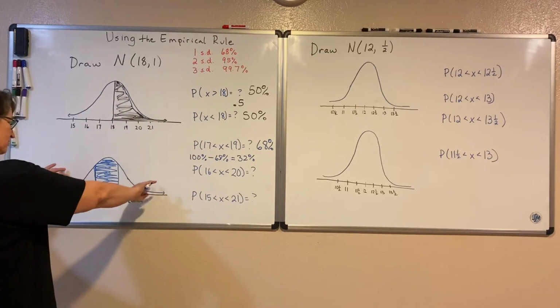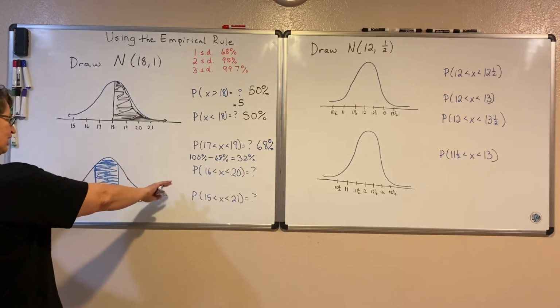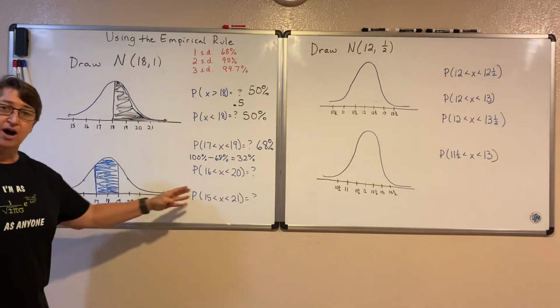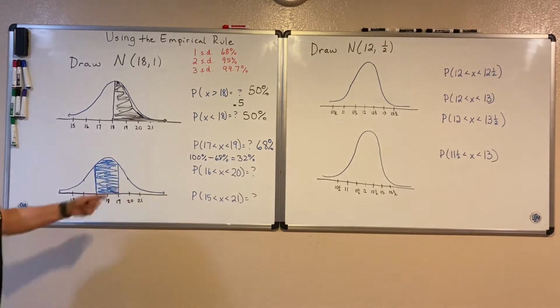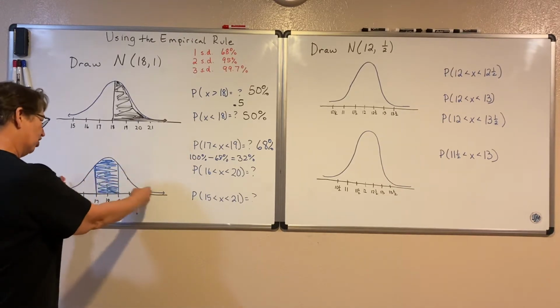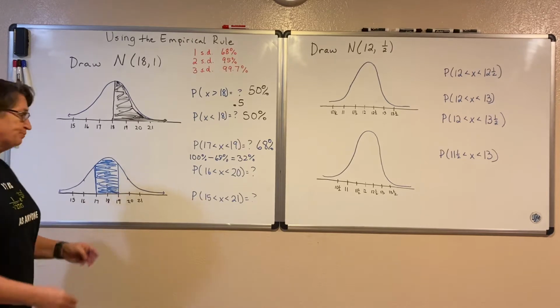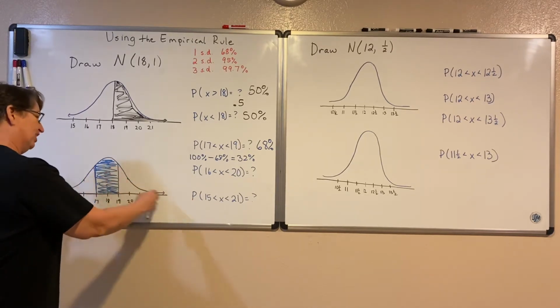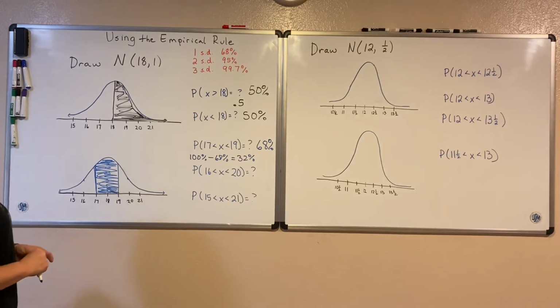So on the outside edges, there's a 32% chance that I get something that's below 17 or above 19. So from that 68, not only can I tell the 68%, but I can also see the wings, because the whole area makes up 100%, or one whole thing.